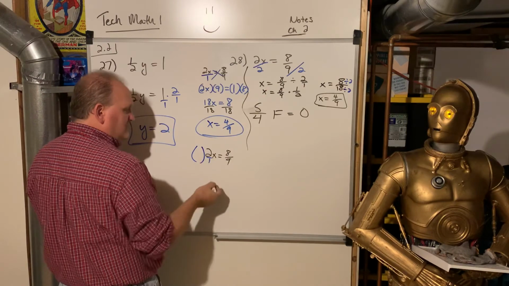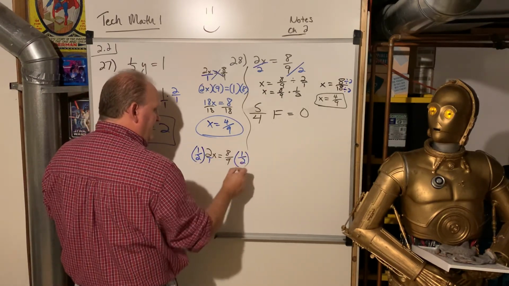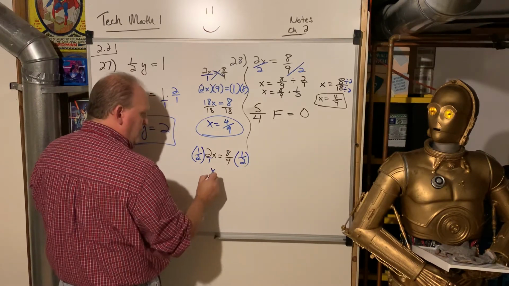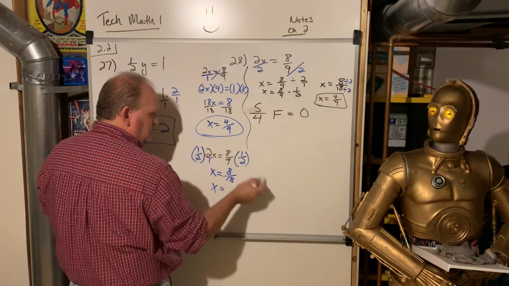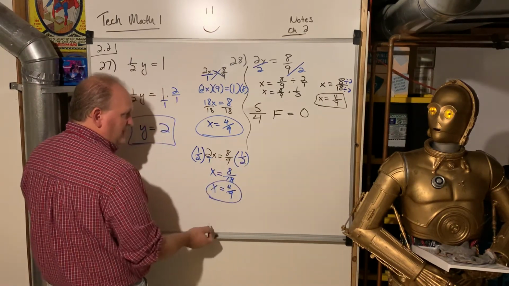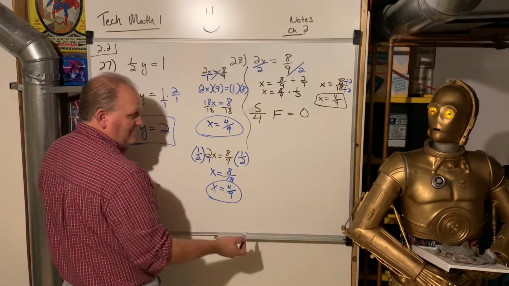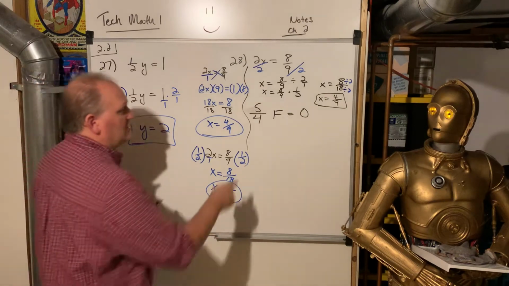I'm going to think of that as a fraction, 2 over 1. I'm going to multiply by 1/2, multiply by 1/2, and there we are again. We get 1x is equal to 8/18, and then x is equal to 4/9. So this way is probably the least amount of work, the least amount of steps. But you've got to be aware that you're working with fractions. So that's how we'll do this one.